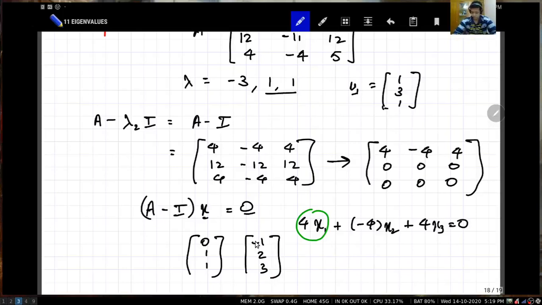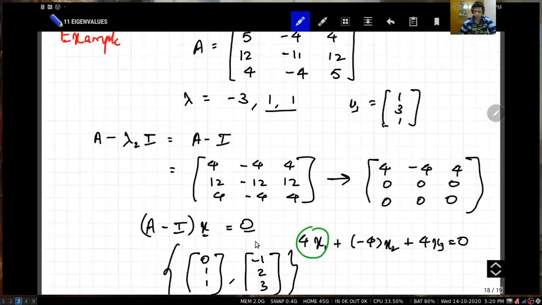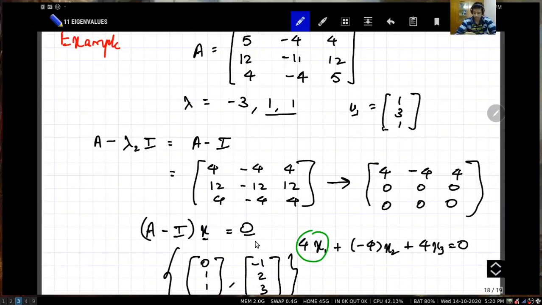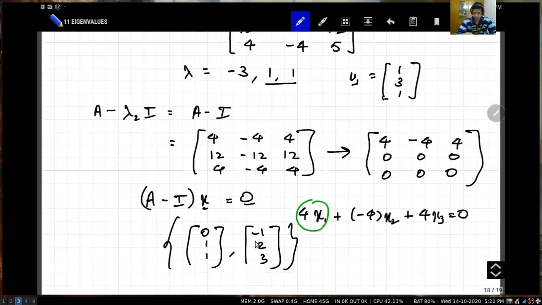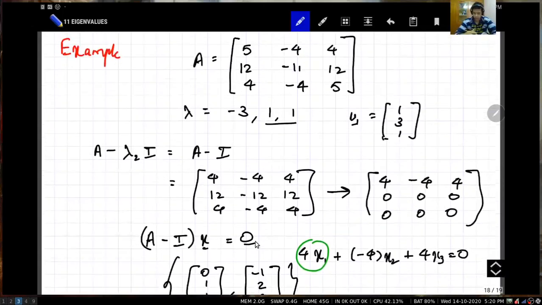So these are two vectors which are obviously linearly independent, and therefore they form a basis for the null space of A minus I, and therefore we already have 3 linearly independent vectors. You can also check that the vectors (1, 3, 1), (0, 1, 1) and (-1, 2, 3) are linearly independent, and therefore they form a basis for R3, and these 3 are going to be the eigenvectors corresponding to the matrix A.